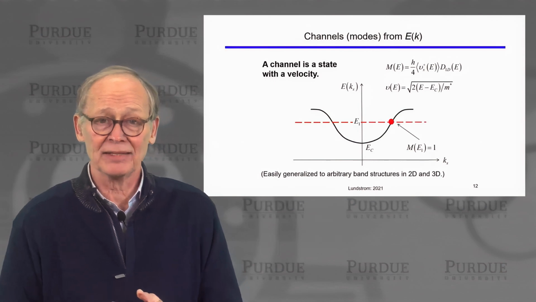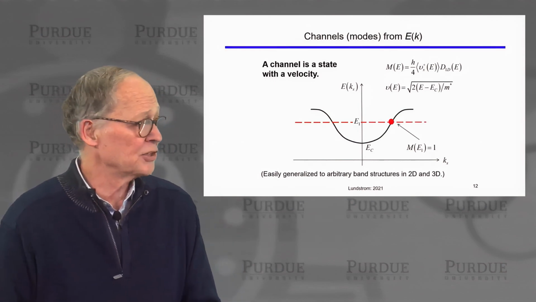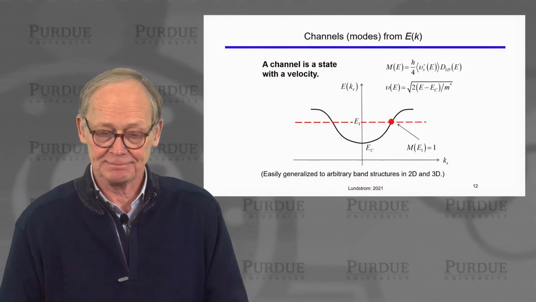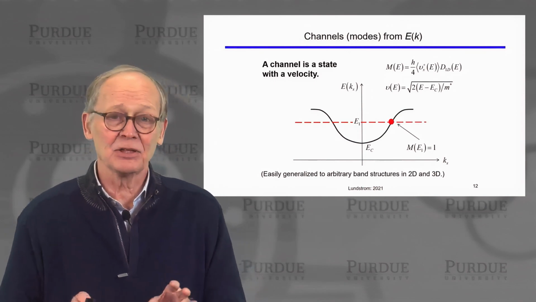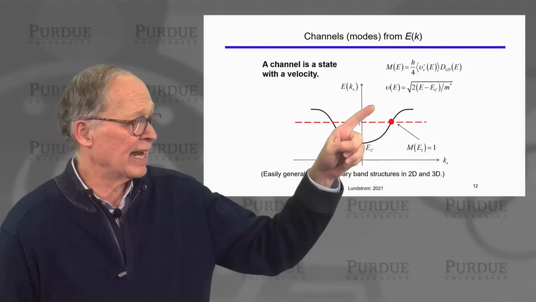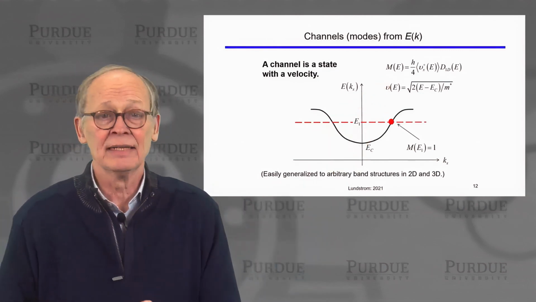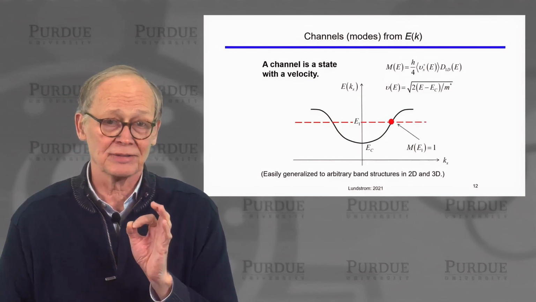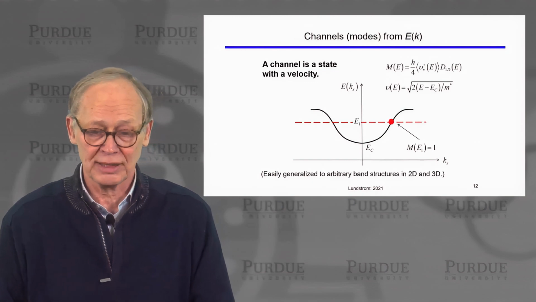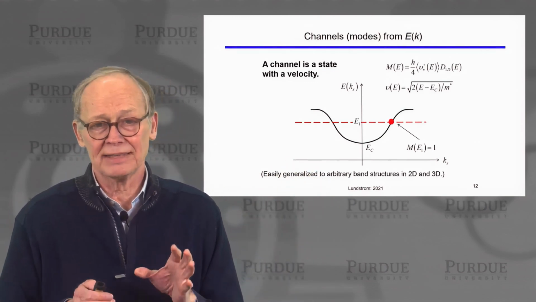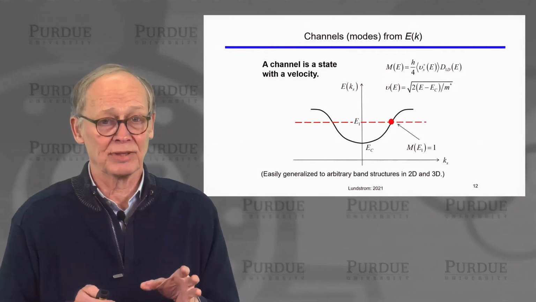If it's a parabolic band, 1/2 mv squared is equal to energy, and we can deduce what the number of channels is. It takes a little more work to generalize it to 2 dimensions and 3 dimensions, and then we need the average velocity in the direction of the transport, or of the MOSFET channel length or whatever. But the basic idea is this: a channel is a state with a velocity.